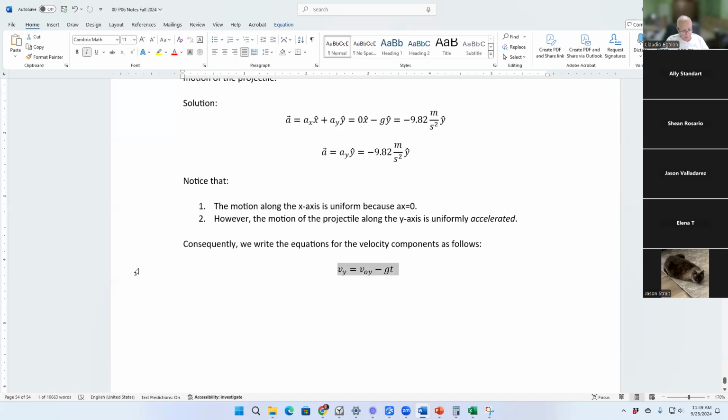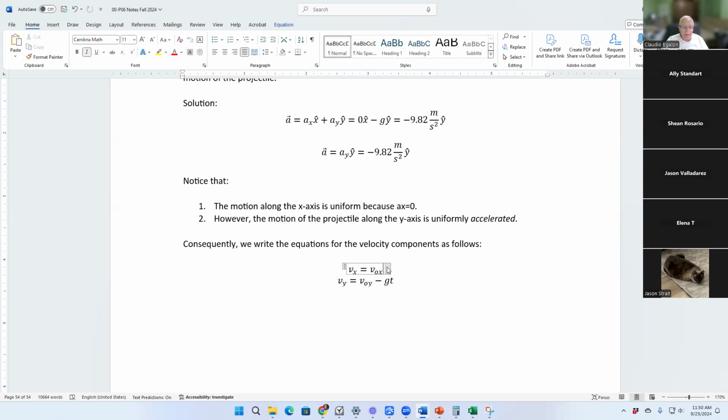V along the x-axis is equal to the initial velocity component along the x-axis, and the velocity along the y-axis is v naught y minus gt.